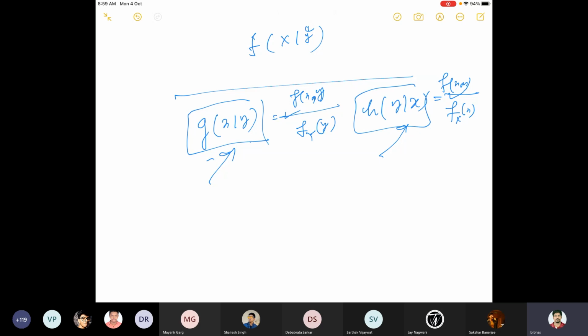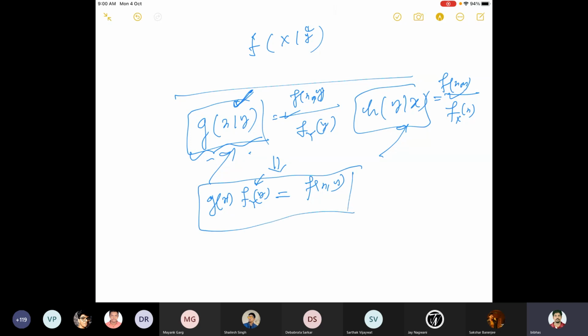So the question is, what is the definition of independent and dependent random variables? Now see here, if it is independent of y, then this is a function of x, some function g(x), let's say. This is equivalent to saying f(x,y) can be written as some g(x) times some function f_Y(y), which is also independent of small x. So this function f(x,y) can be factored into a product of two functions: one a function of small x, another a function of y.